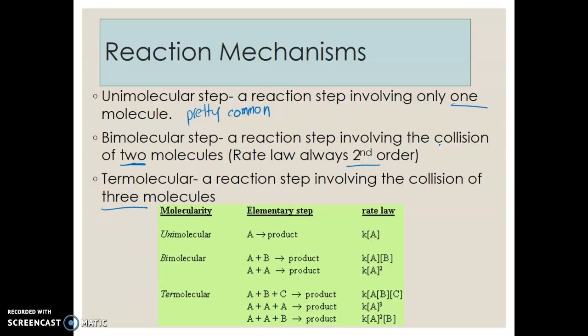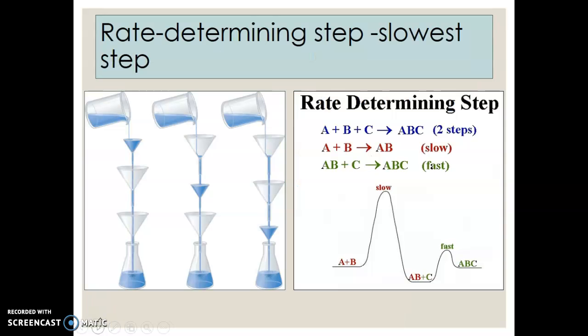Bimolecular is a little more rare, and then termolecular is very rare. So starting with our most common, going to our most rare for reaction mechanisms.